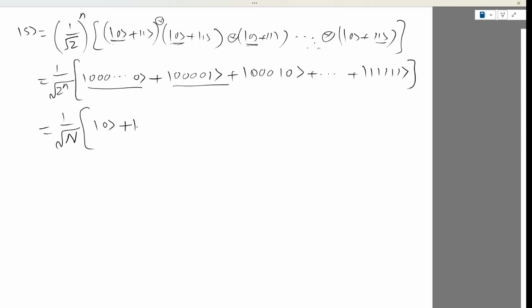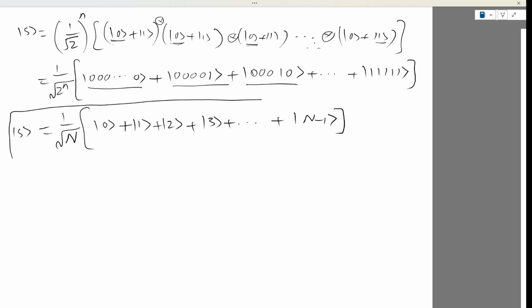And let's label this state as 1. Let's label this state as 2. The next state 3. All the way to the last state, which is N minus 1. And this is our equal superposition state.